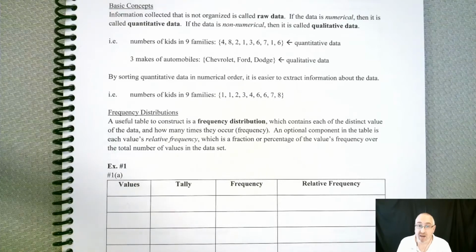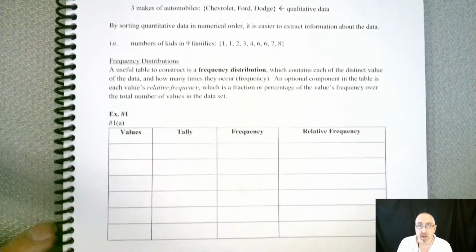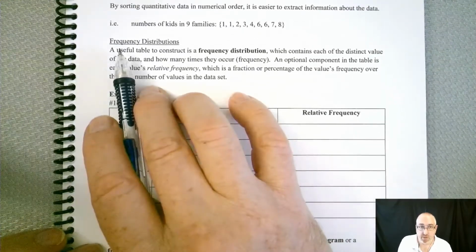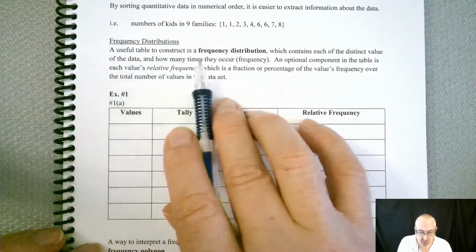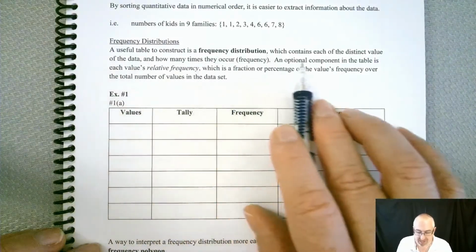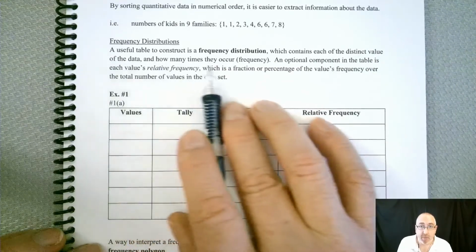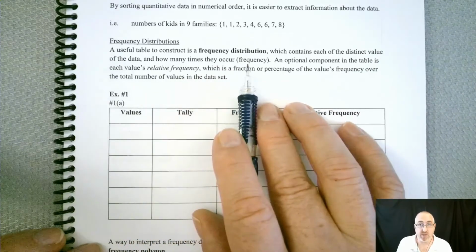When you have a lot of data, one of the nice things you can do is put it into a table. The fancy way to describe a table is a frequency distribution. A useful table to construct is a frequency distribution, which contains each of the distinct values of the data and how many times they occur, which is called the frequency.